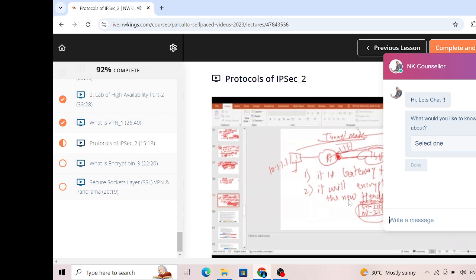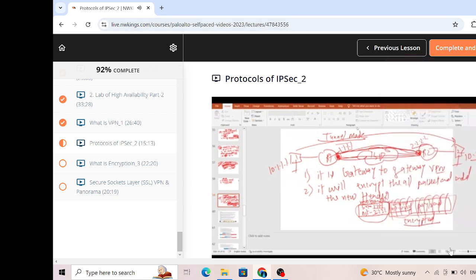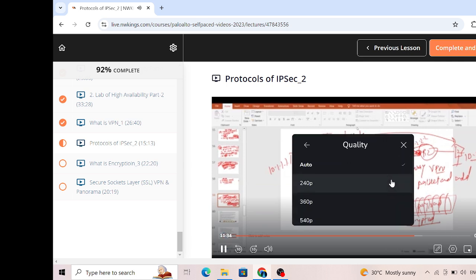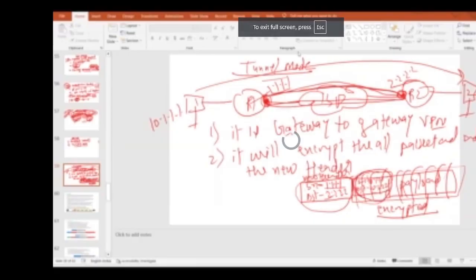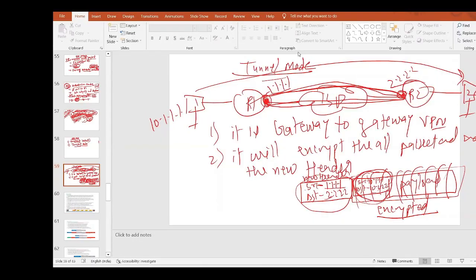It will go to this destination. So my tunnel is actually built from gateway to gateway, peer to peer. Then, because the original source IP and destination IP are encrypted, no one knows what they are.